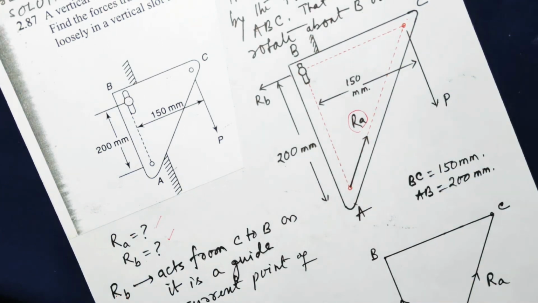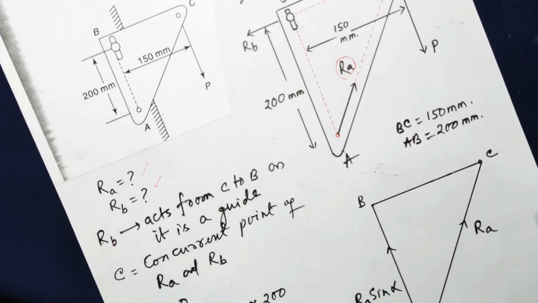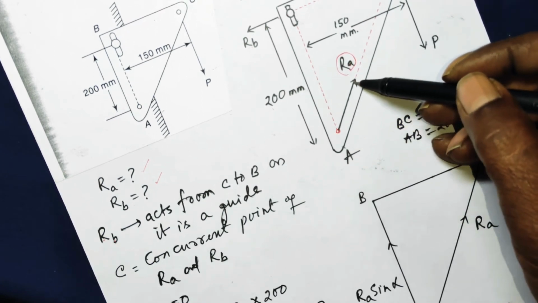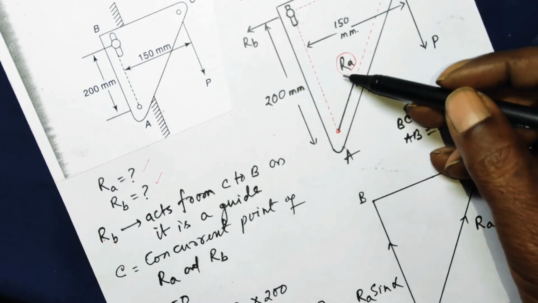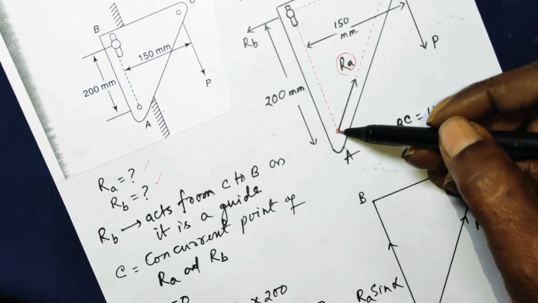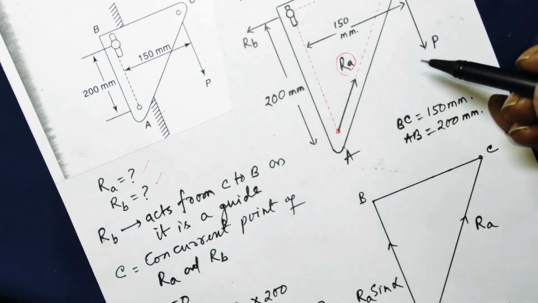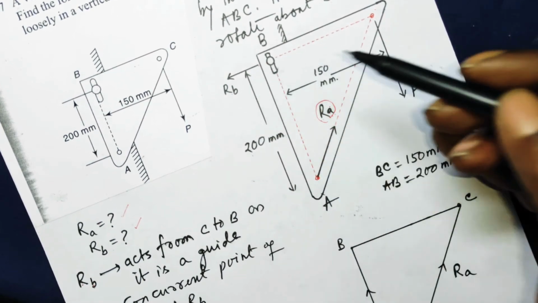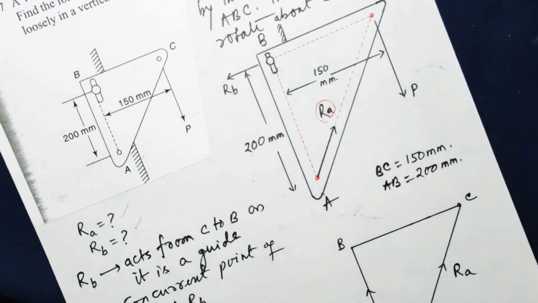Now let us take the turning effect of the forces about point A. Since RA, the reaction at A, is passing through the point A, RA does not have a perpendicular distance from this point. So RA, the reaction at point A, will not have a turning effect about point A. But the other two forces, the load P and the reaction RB, will have some turning effect about point A. One will be clockwise, the other one will be anti-clockwise.